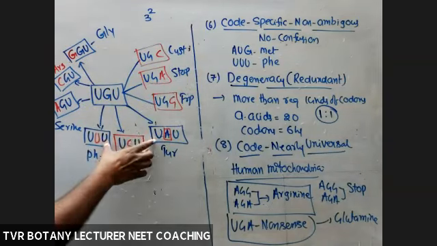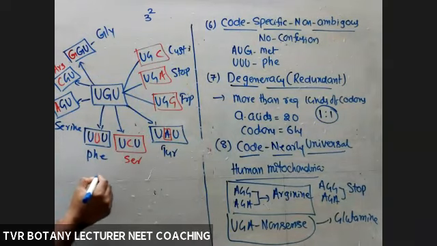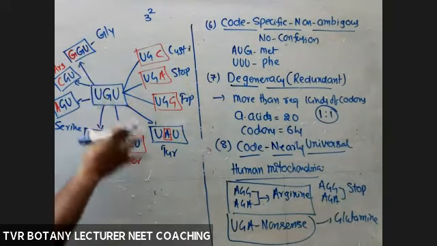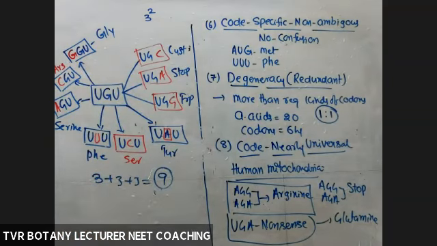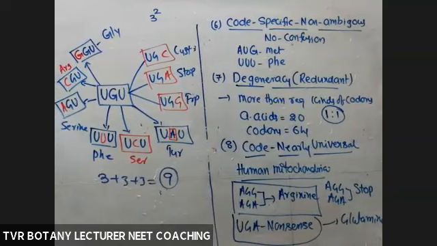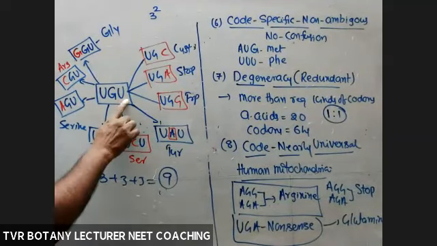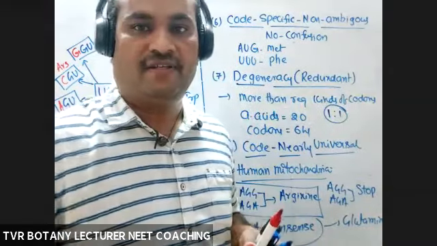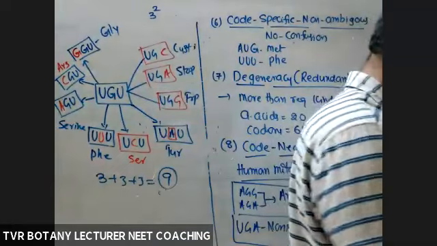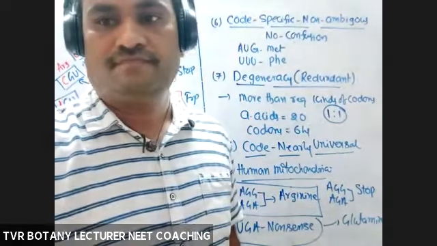So three plus three plus three is nine. By changing one nucleotide position in one codon, we can create nine kinds of codons. Is it clear? They will definitely ask this. Remember this one. That is about the characteristics of the genetic code.